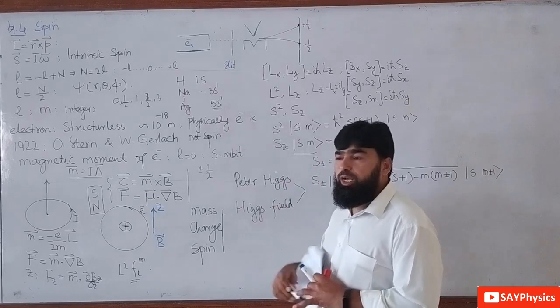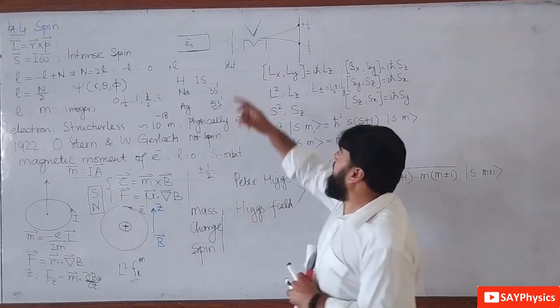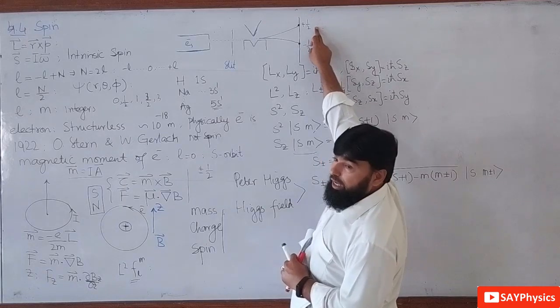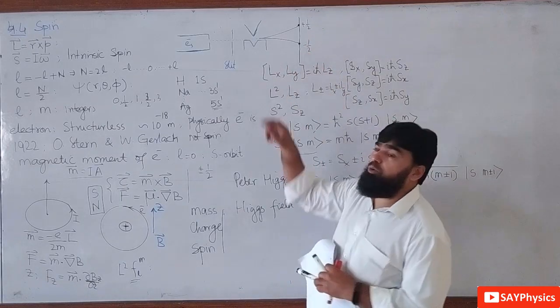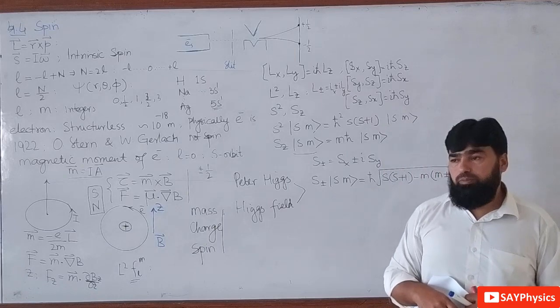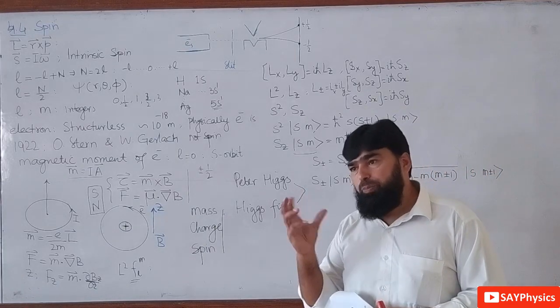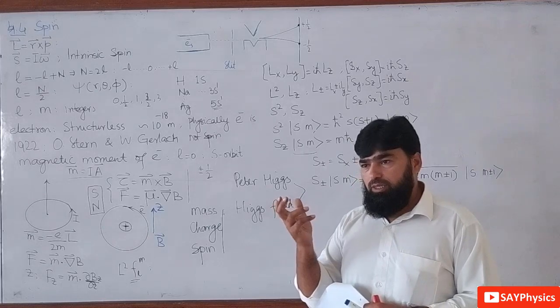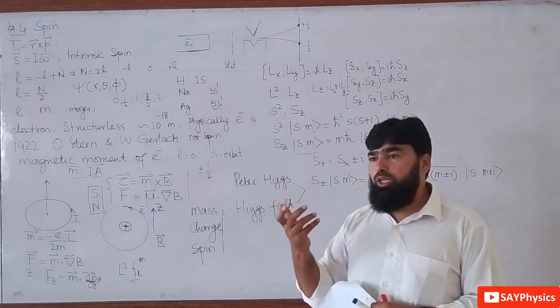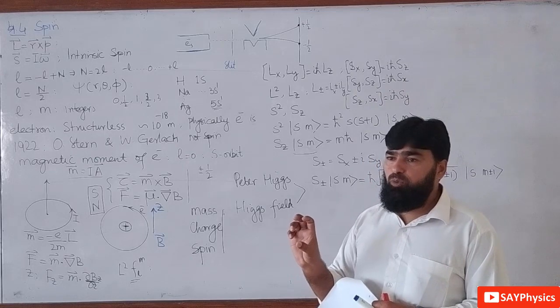But we know that it is having positive angular momentum and negative value of angular momentum. So there are two types of spinning. One is with plus value, the other is with minus value.